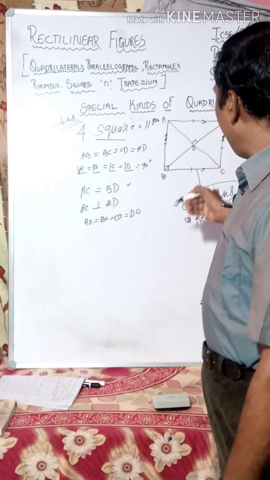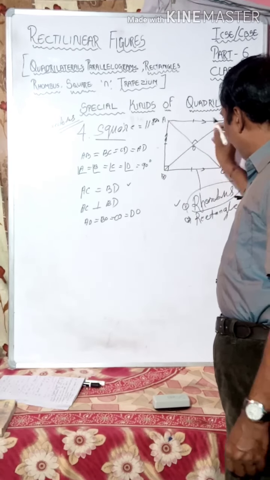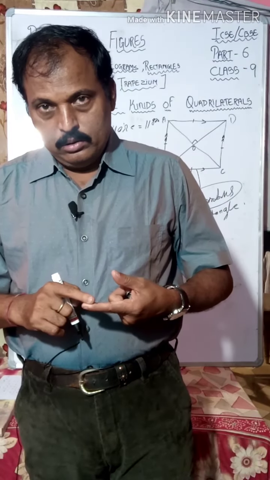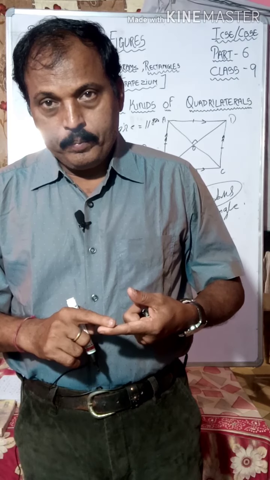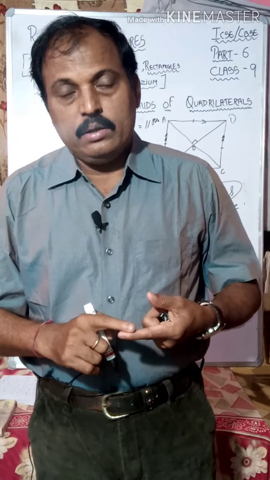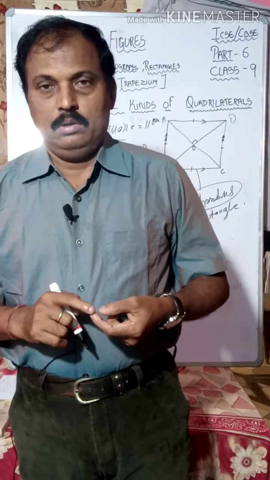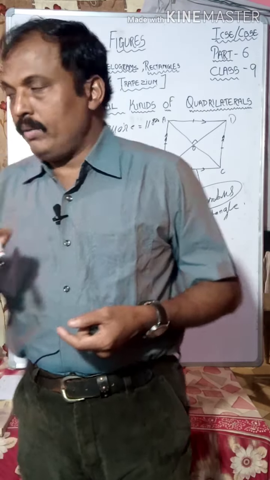Another thing, if this is a square, as this is a rhombus, each diagonal is an angle bisector.